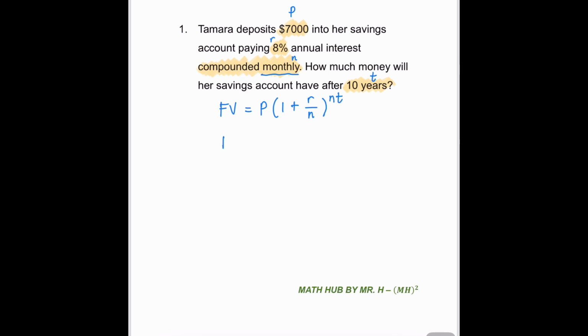The future value, what's being asked, and the principal amount is 7,000 times 1 plus the rate is 8%. So it's all up to you if you write it in percent or in decimal. So n is equal to 12 because it's compounded monthly, to the power of 12 times 10.